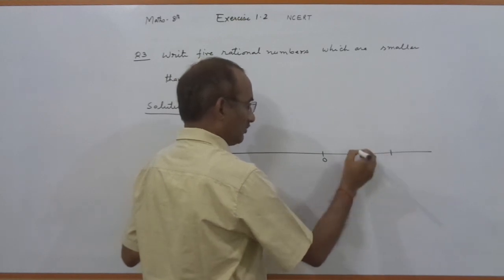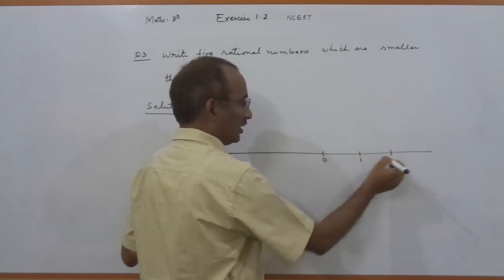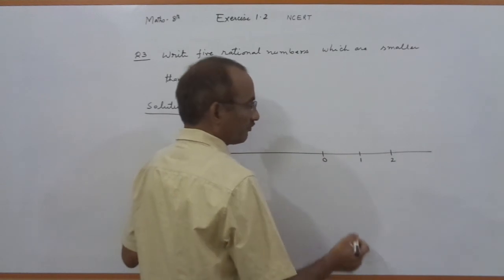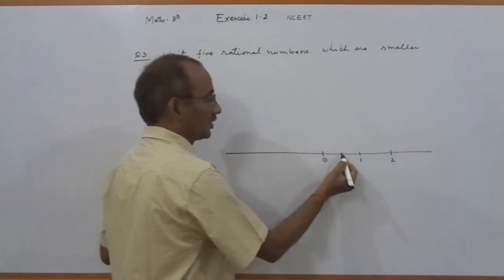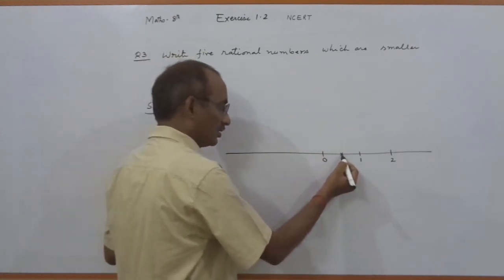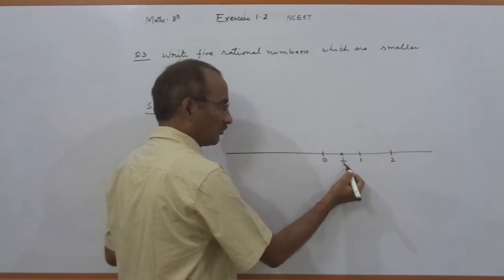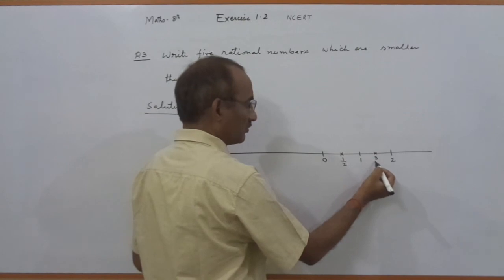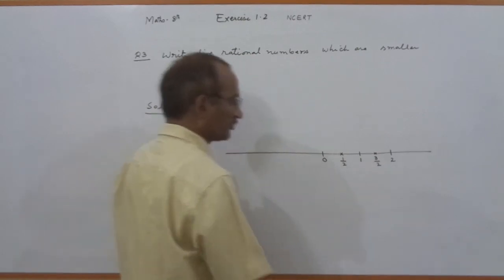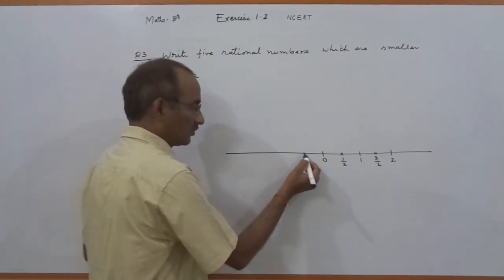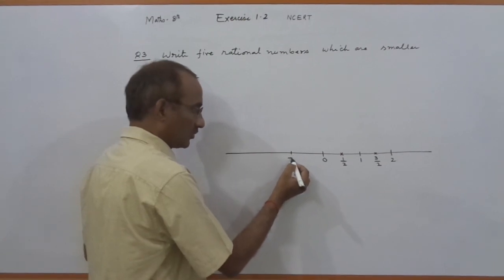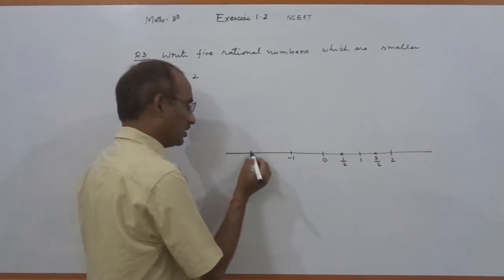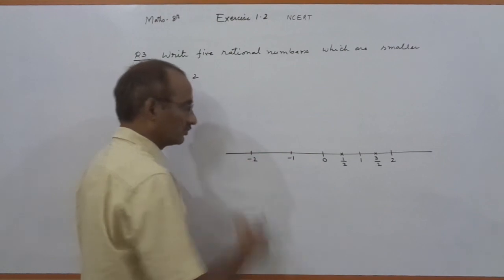So here we have 1 and here is 2. Here we have 1 upon 2 and here we have 3 upon 2. Here is minus 1 and here is minus 2.